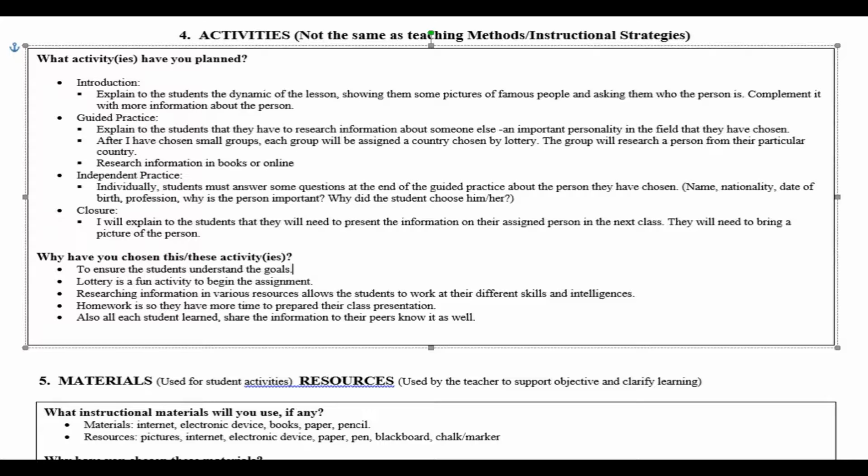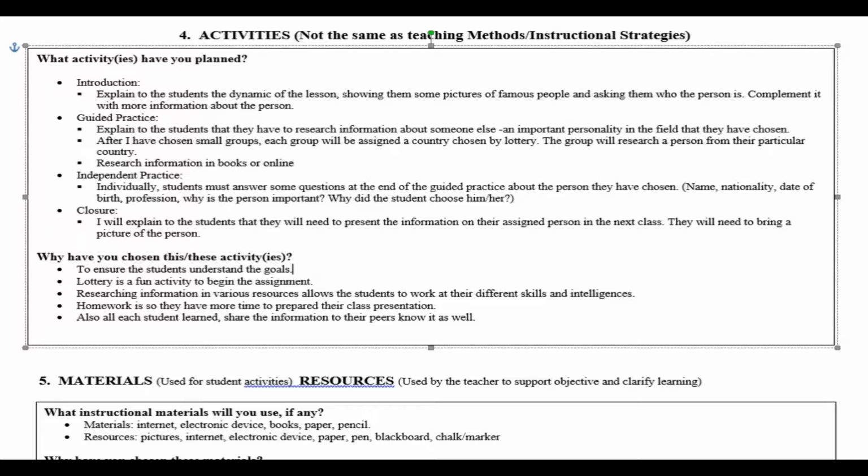I think the last question is the most important, or I'm most interested in that. For the closure, I will explain to students that they will need to present the information on their assigned person in the next class. They will need to bring a picture of the person. It's kind of homework.